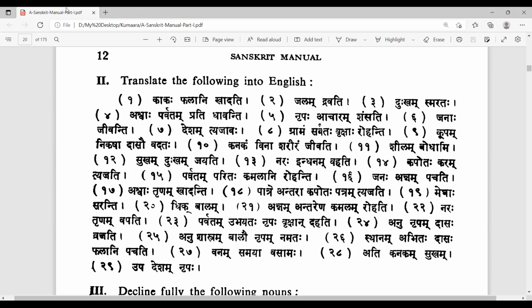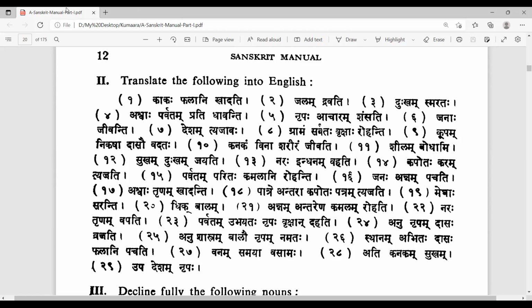Sumatiji. अश्वाः पर्वतं प्रति धावन्ति. अस्मिन् वाक्ये क्रियापदम् धावन्ति. के धावन्ति? अश्वाः धावन्ति. कुत्र धावन्ति? पर्वतं प्रति.